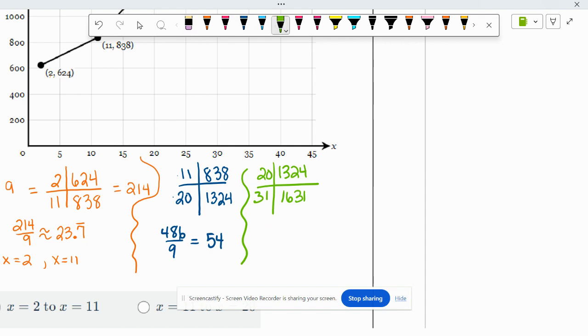Okay. So 307 divided by what's 31 minus 20? Okay. So what is 307 divided by 11? 27.9.